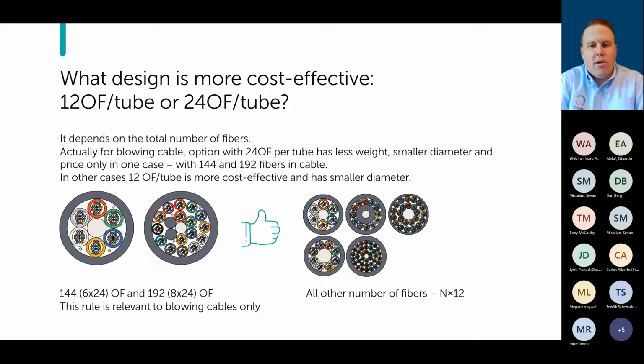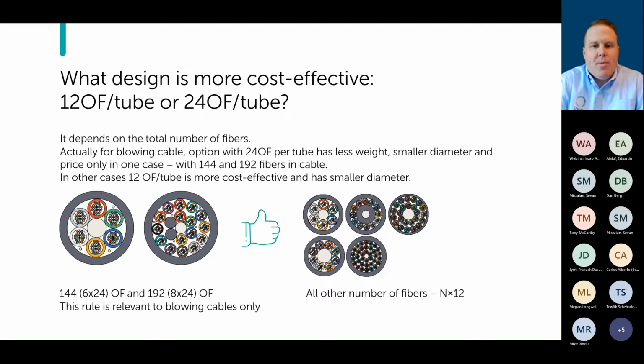In the rest of our designs, a 12 fiber per tube is actually going to give you a smaller diameter and be more cost effective, which is not traditionally the same with your standard duct cable. Usually in those cables, if you go with a 24 fiber, you're going to lower the diameter and also lower the cost.